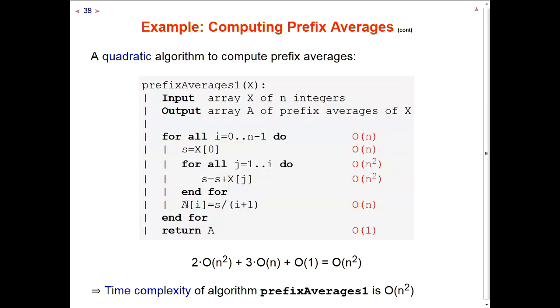Now we see we have two nested loops, which typically means that we have a quadratic algorithm. And we can actually see why this is the case. Using the idea that constant factors are ignored in the end anyway, we make our life much, much easier. Instead of saying that we have exactly 5 primitive operations, we just say what is the order of the number of primitive operations that we have to execute.